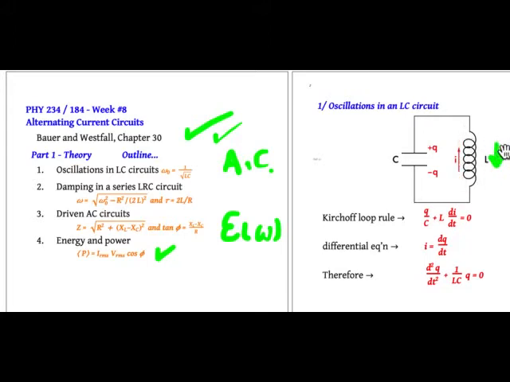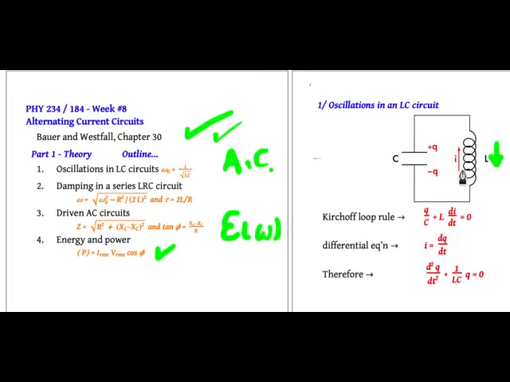And that's because of Lenz's law in electromagnetic induction. So we have delta V across C plus delta V across L is 0. Delta V across C is Q over C. Delta V across L is plus L di dt because I've defined positive I as being in this direction.